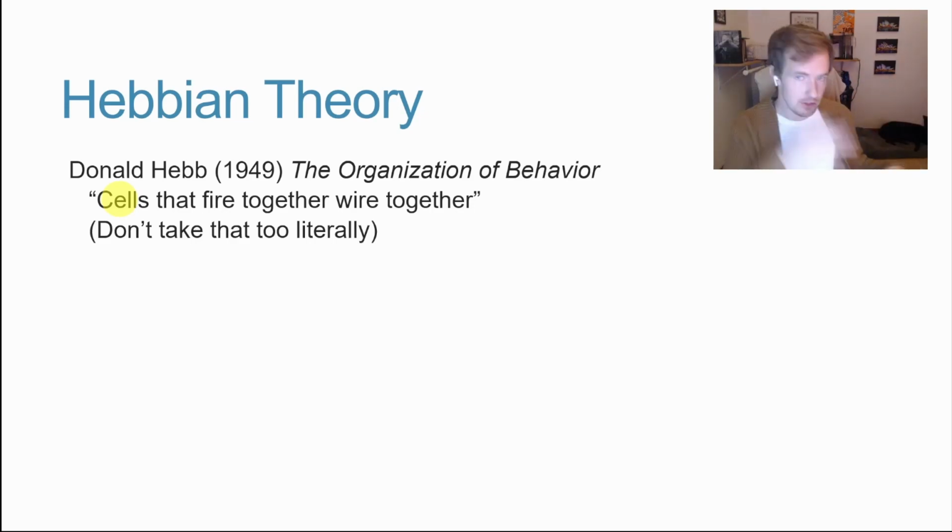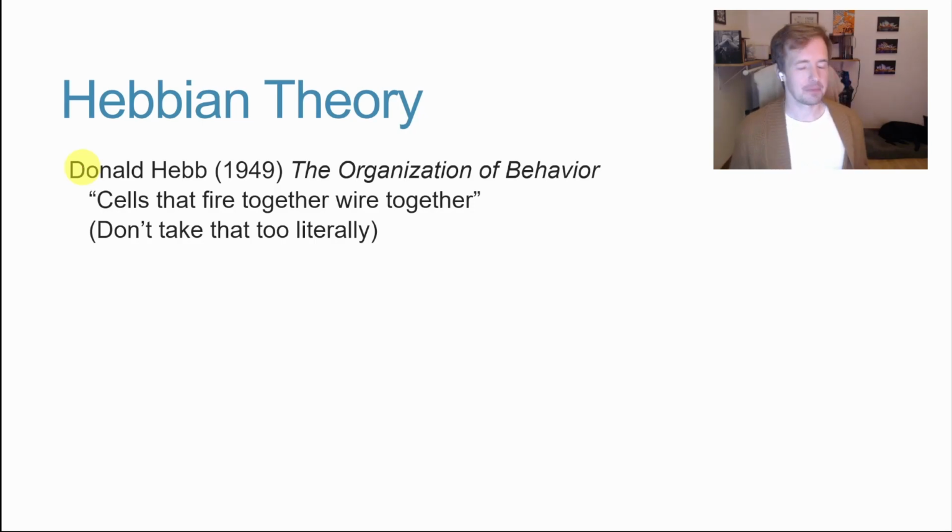Everything we just talked about, those 6 important principles, all came out of his work. He was really interested in how cells change over time based on our experience. And so he would phrase things like this: cells that fire together, wire together.